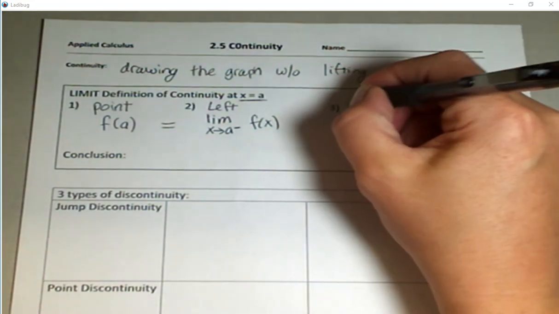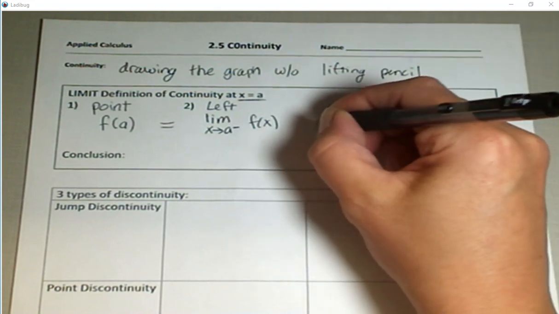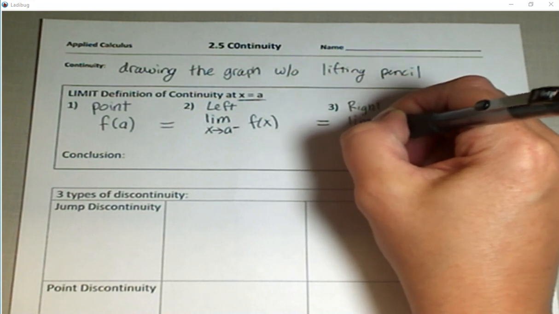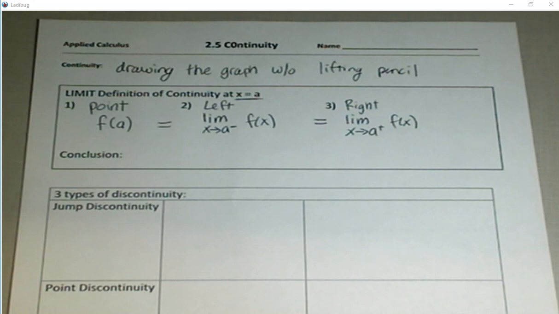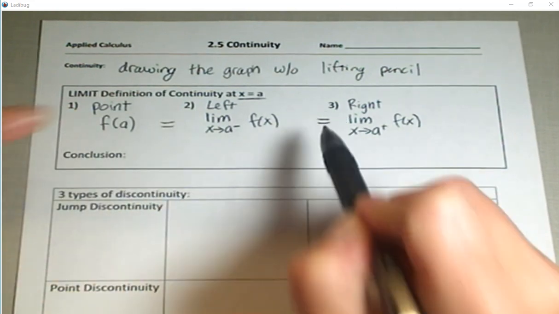And then the third part is for the right side. Now, I set it up in a horizontal fashion because it's going to end up with an equation that you just compare. So it says that the point equals the left side equals the right side.